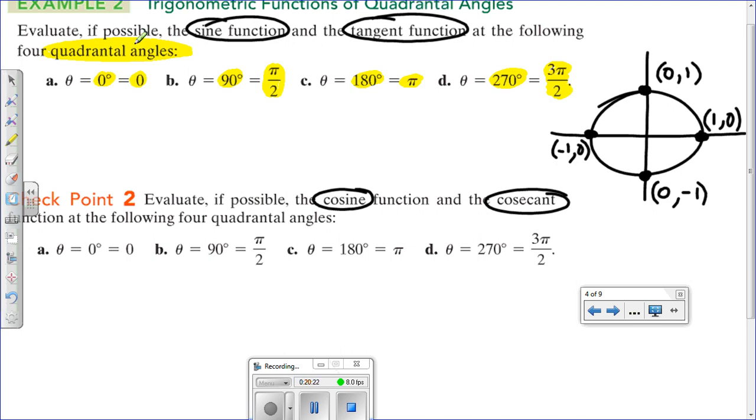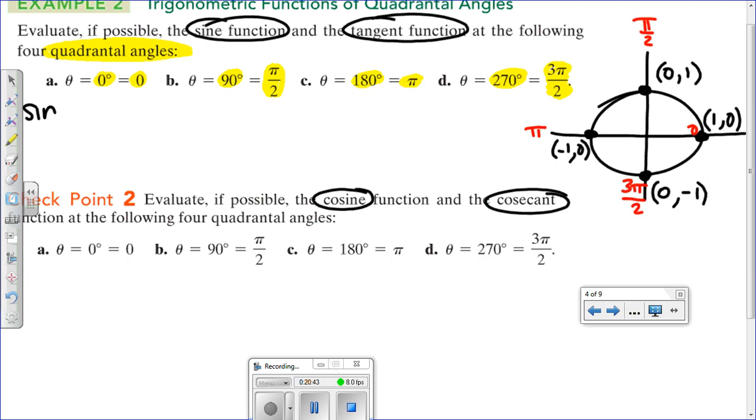Let's make sure we know where the radians are. This is 0, this is pi over 2, or 90, this is pi, or 180, and of course this is 3 pi over 2. Those are the quadrantal angles, yes? Don't forget that. All right, we're going to write the following.